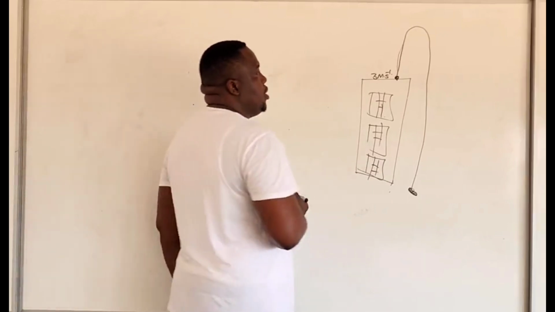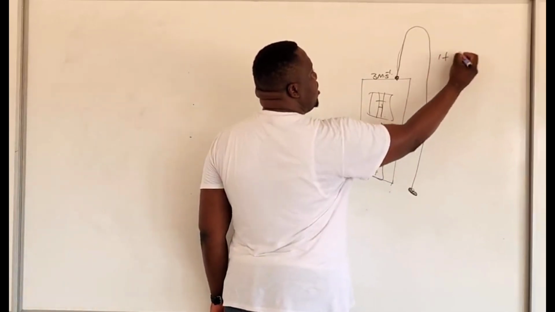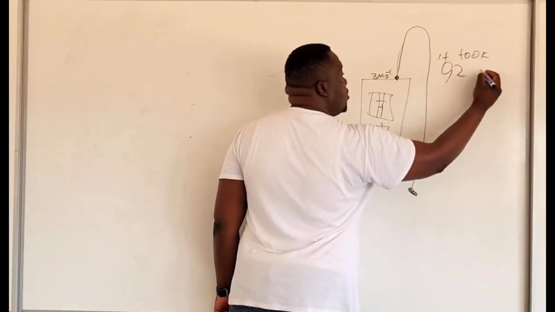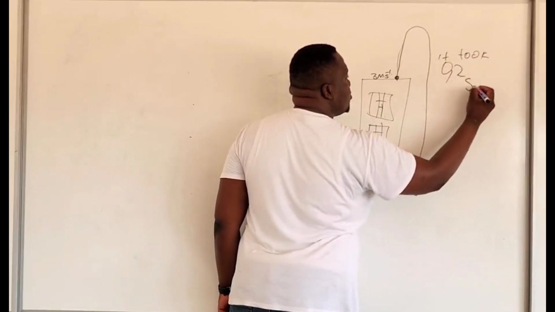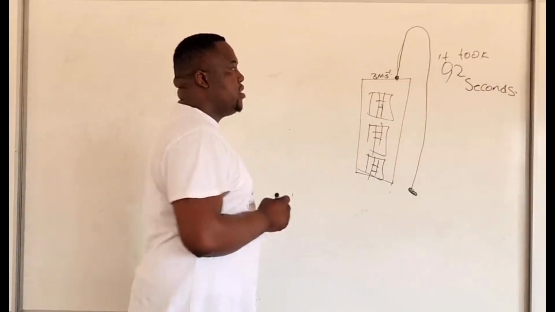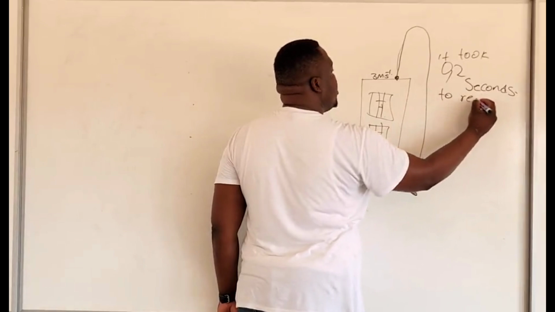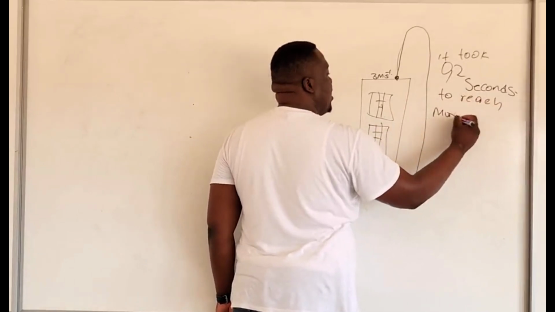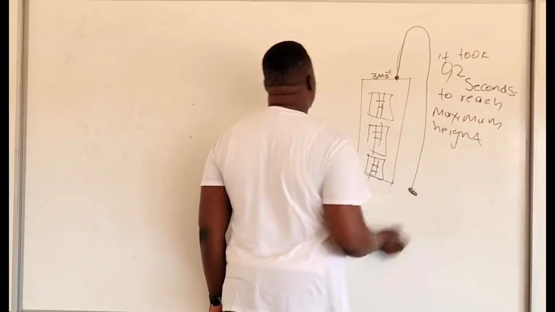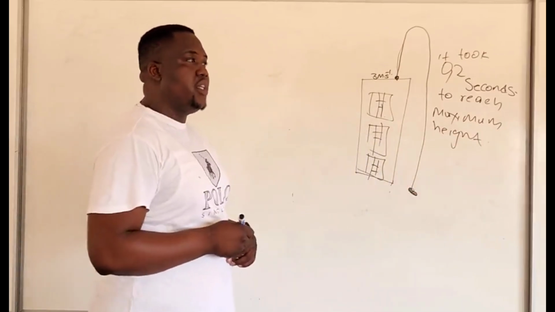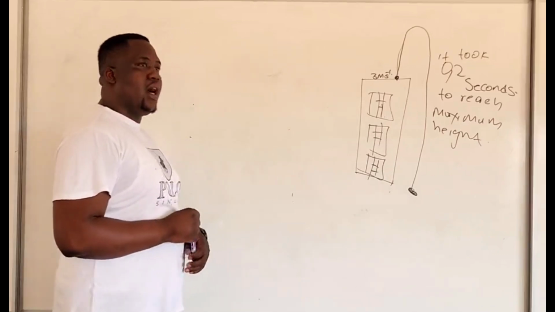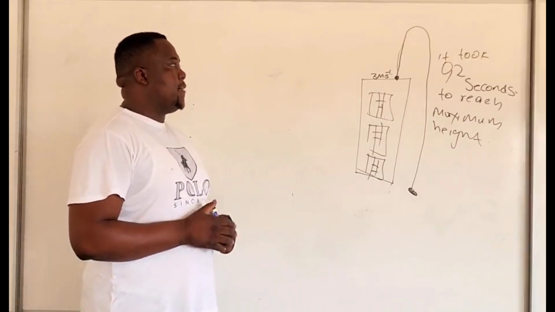And it took 0.2 seconds to reach its maximum height. I'm writing this so that I teach a lot of scenarios, then we'll do a question which I'm going to paste there, then work it out together and we'll get the answer.